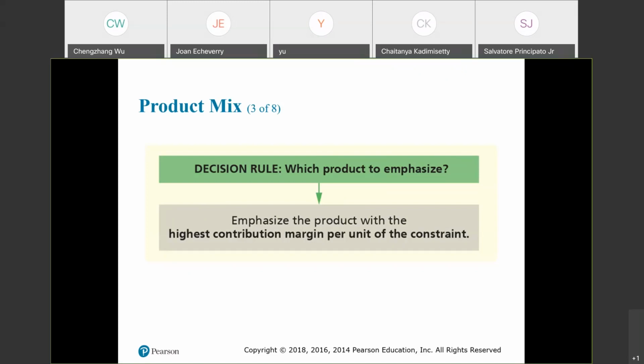So to determine which product to focus on, we follow this decision rule: we emphasize the product with the highest contribution margin per unit of constraint.